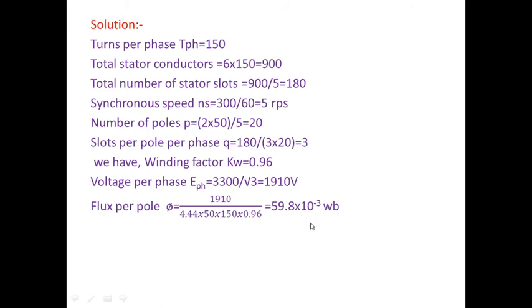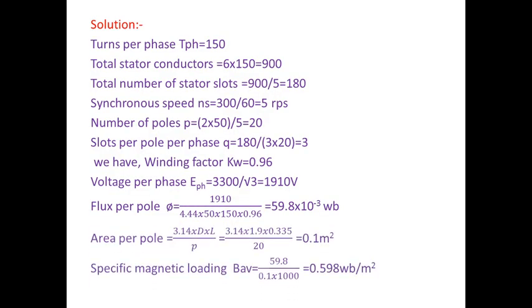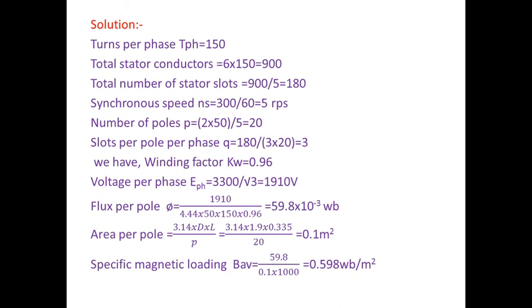So you will be getting 59.8 into 10 to the power minus 3 Weber. Area per pole is given by pi D L divided by P. So area per pole is pi into D into L divided by P, which is 0.1 meter square.